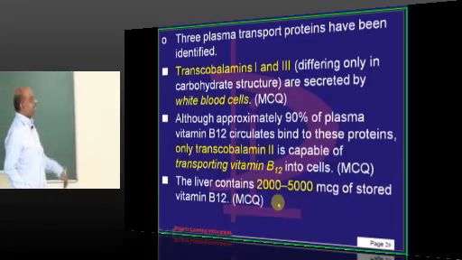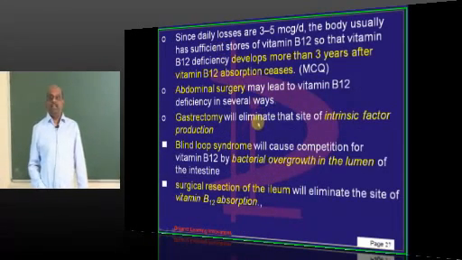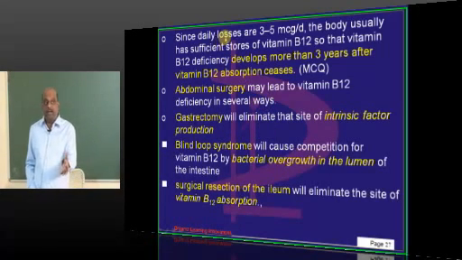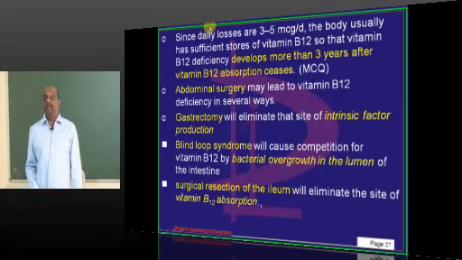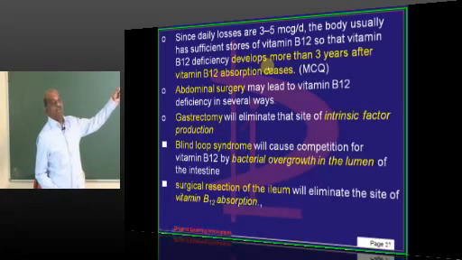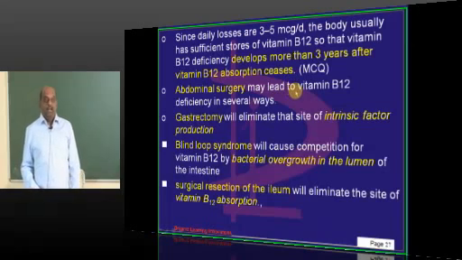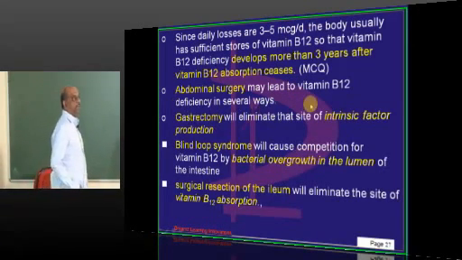Around 2000 to 5000 micrograms of vitamin B12 is stored. That is the reason if you don't drink milk for at least 2-3 months, you won't develop vitamin B12 deficiency. A malabsorption or decreased intake of vitamin B12 for about 3 years is required. Until then the liver is able to compensate.